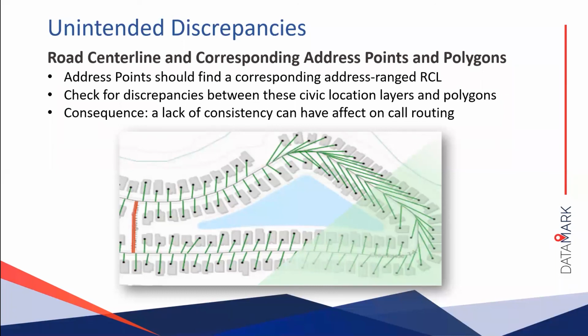You see the green boundary polygon, and you see some address points that would, if we said that that green polygon is PSAP A, the points would route to PSAP A, but the geocoded location would route to PSAP B. You can see there's about 3 points on that road center line that would geocode into the wrong PSAP because of the ranging on the road center line.